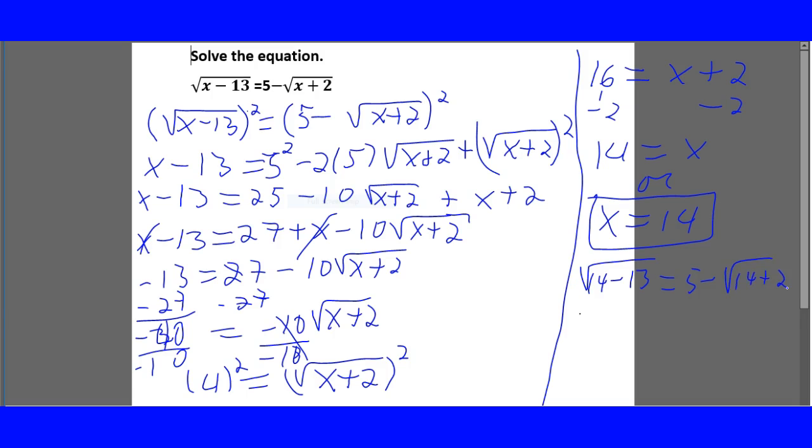Now 14 minus 13 is the square root of 1, and 14 plus 2 is 16, the square root of 16. The square root of 1 is 1, and the square root of 16 is 4, and 5 minus 4 is 1, so 1 equals 1, that's true. Therefore our answer is really x equals 14.